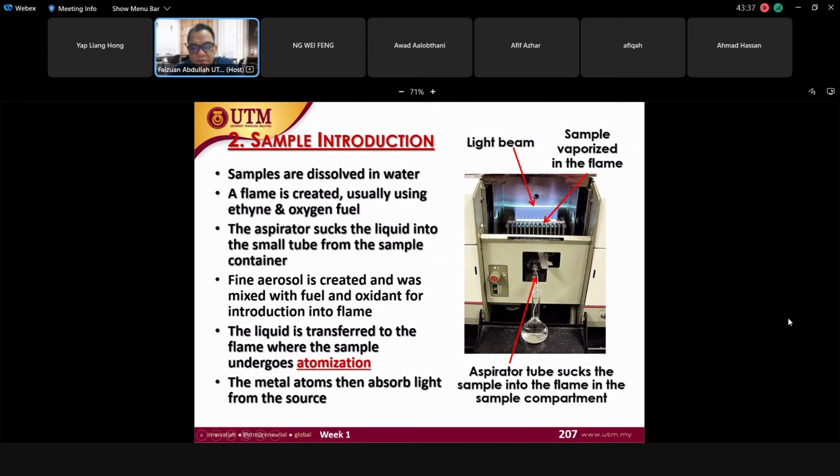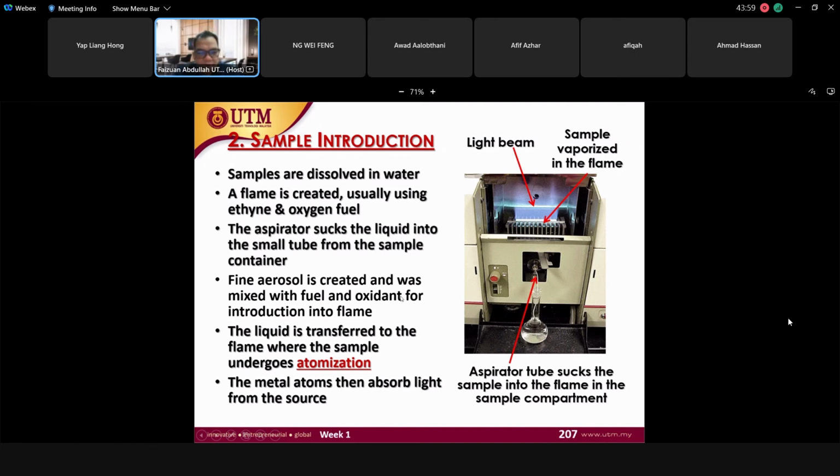This is the flame AAS, right? As being discussed, and also asked in the quiz, what happened to the sample when it is sucked into the small tube and aspirated into the flame?